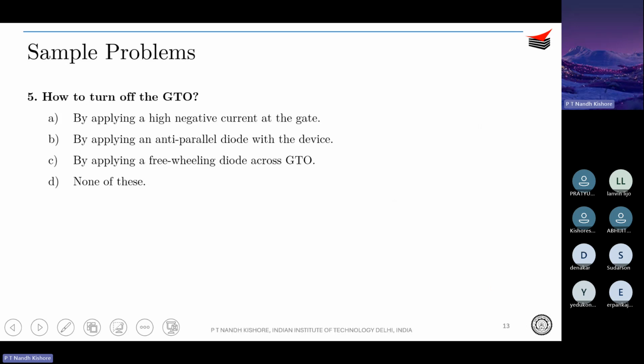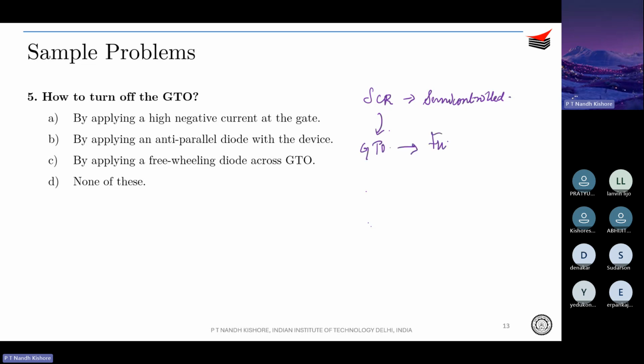Turn off is not controlled, and that's why the SCR was called a semi-controlled device. The GTO is the next version of the SCR. The GTO is a fully controlled device wherein you have control over both its turn on as well as turn off.